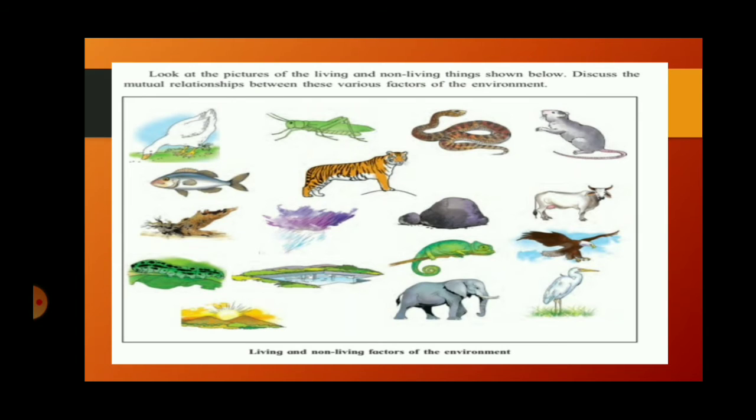For example, duck, grasshopper, snake, rat, fish, tiger, broken tree trunk, rain, rock, cow, caterpillar, lake or pond, chameleon, eagle, sunlight, elephant, egret. All these things are continuously dependent on each other for food. For example, grasshopper eats grass and birds eat grasshoppers.